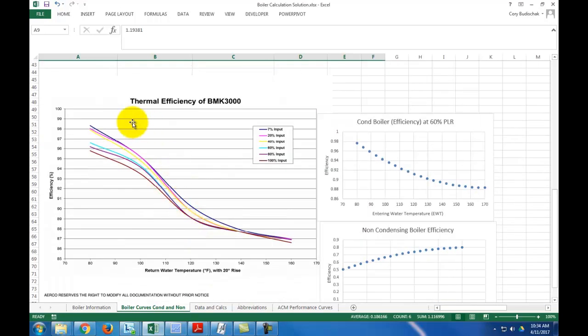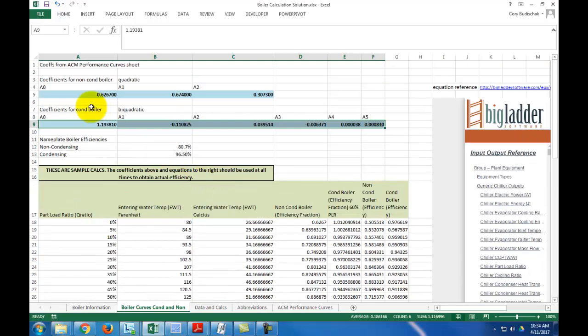But if this is hard to model, we need an easier curve. That's where these coefficients in the biquadratic come into play.